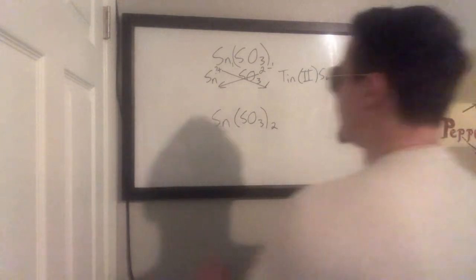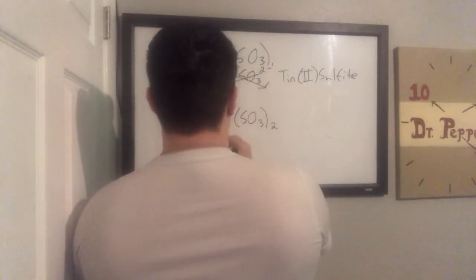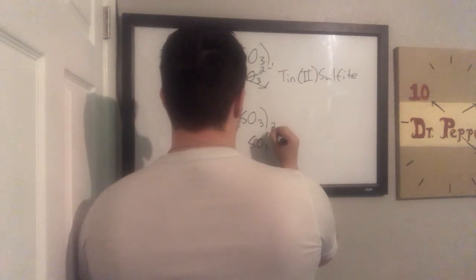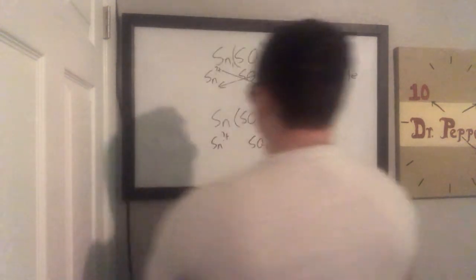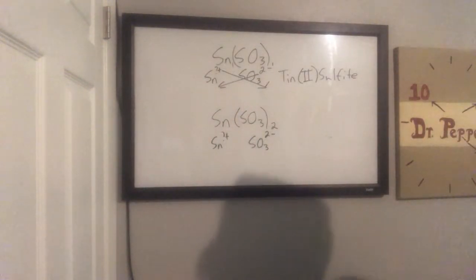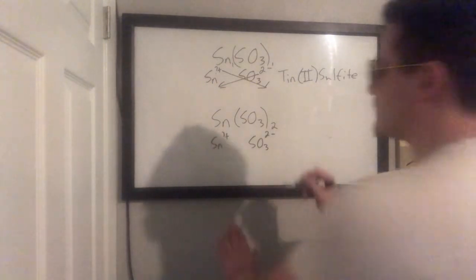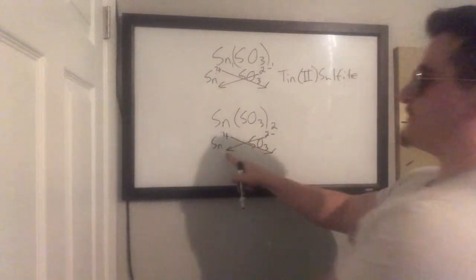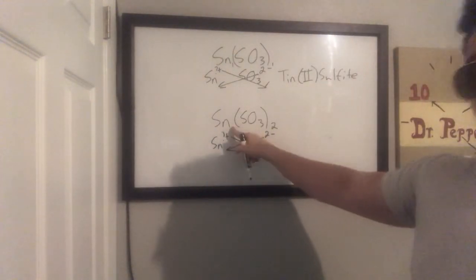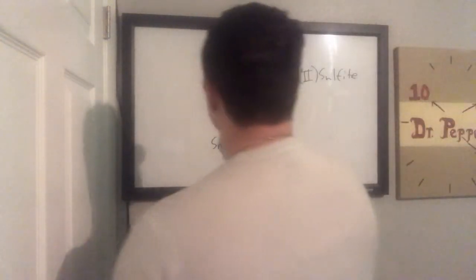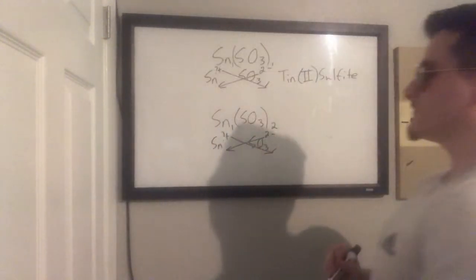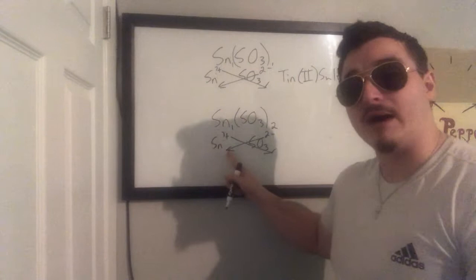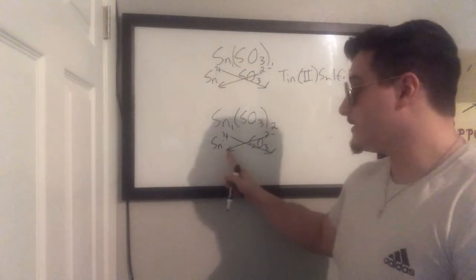So let's do the same thing for the bottom one. We know that they crisscrossed. And sulfite always has a charge of 2. So when they crisscross, if everything goes normal, I should expect to see a 2 right here. But I don't. I once again see a 1. Well, that means that this charge was divided by 2. Oh my goodness.